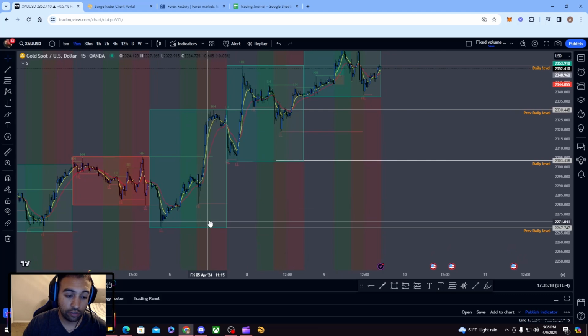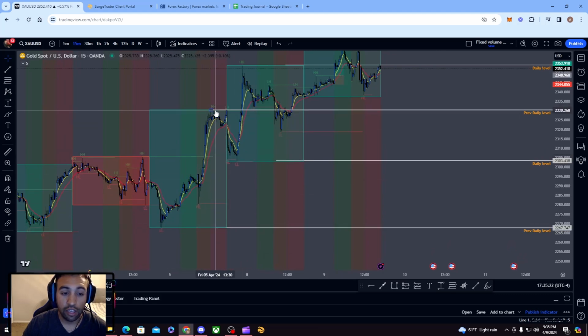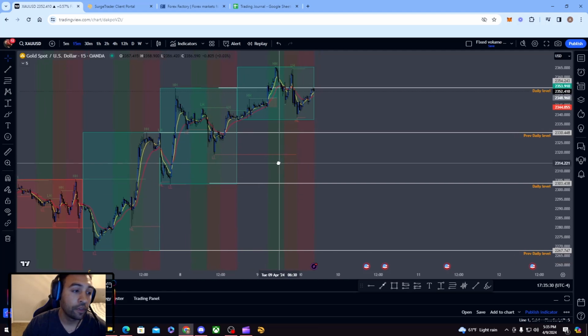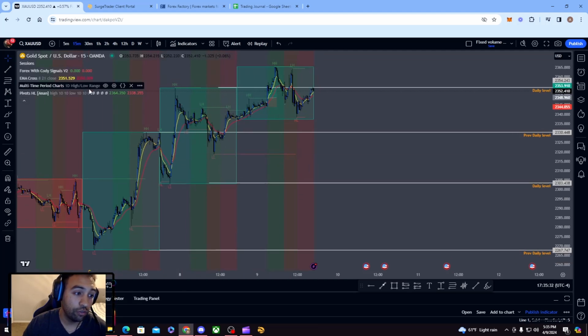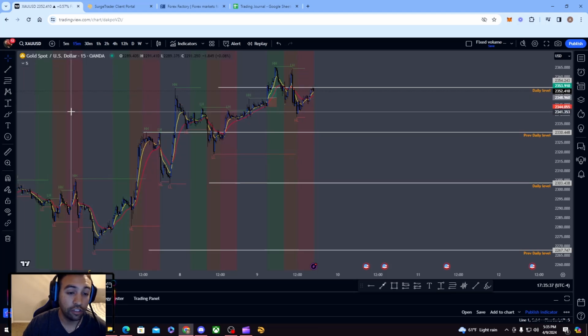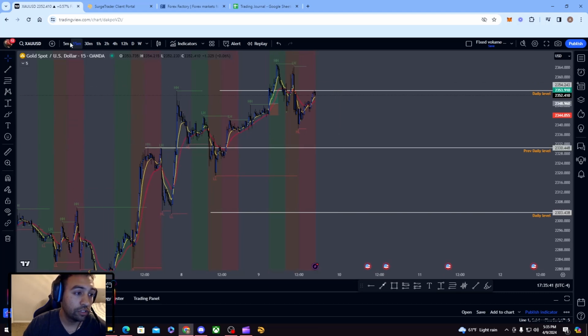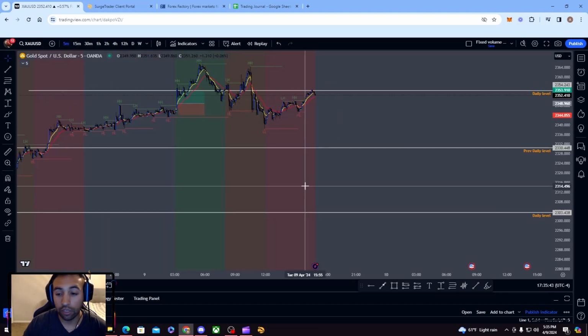You've got my previous daily low, previous daily high, and then the daily high and daily low. Those are the levels I used to find the trade that I took this morning during London session. So that's what I do to get my levels, and then I find my entries on the 15-minute.